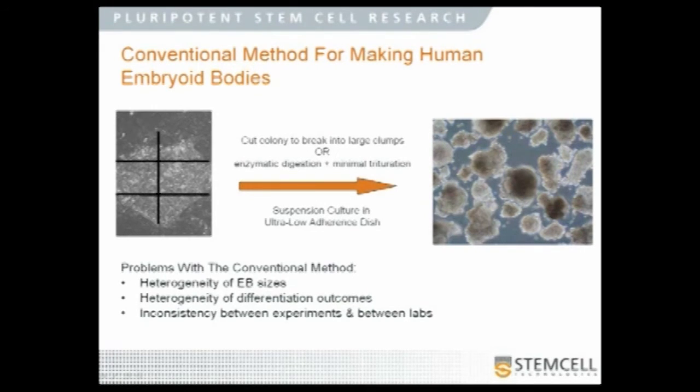And as you can imagine, this is a very difficult process to describe completely, difficult to quantitate, and therefore difficult to repeat exactly, whether within a lab or between labs. So the result is heterogeneity of EB sizes within an experiment, heterogeneity of differentiation outcomes as well, and then inconsistency between experiments performed by the same experimenter and between labs when you try to carry a protocol back and forth.